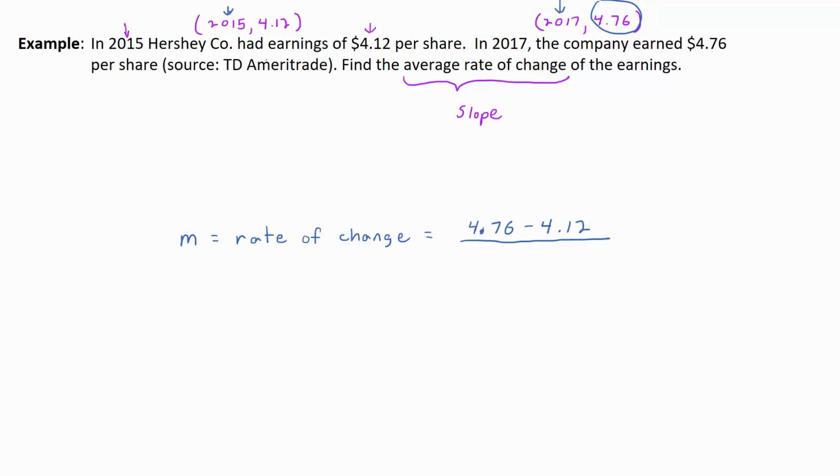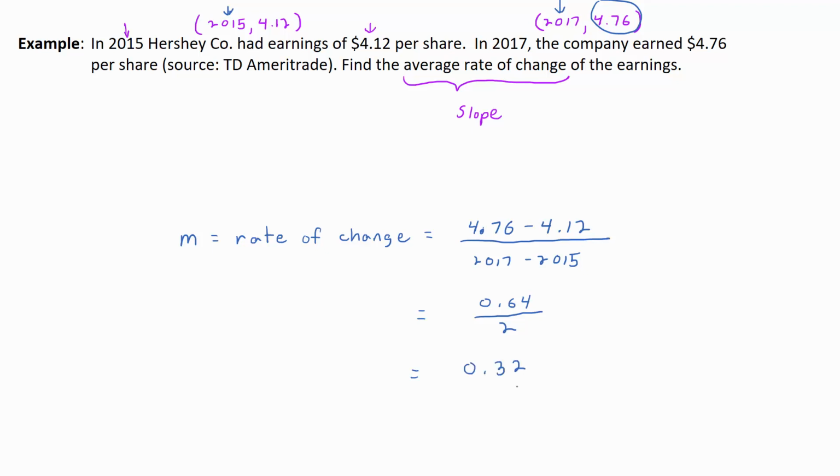So 2017 minus 2015. And on top, 4.76 minus 4.12, I think is going to be 0.64. On the bottom, 2017 minus 2015, 2. And I don't think we even need a calculator, 0.32.